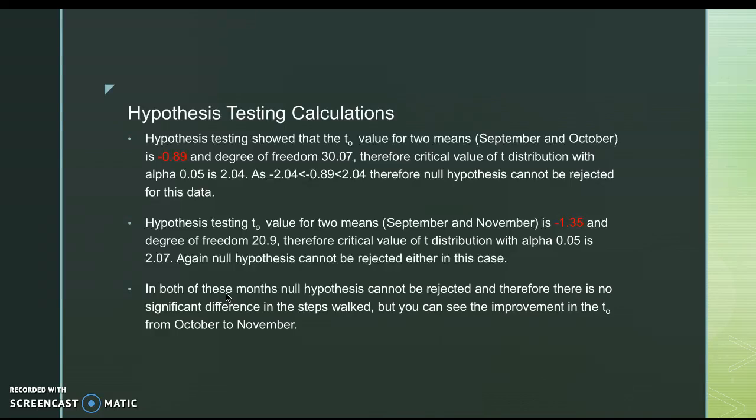But it's getting closer to being able to overpass the null hypothesis, which means if I continue this trend, maybe pretty soon I will be able to reject my null hypothesis. For both these months, the null hypothesis cannot be rejected. That means there's no significant difference in the average number of steps walked in these two months.